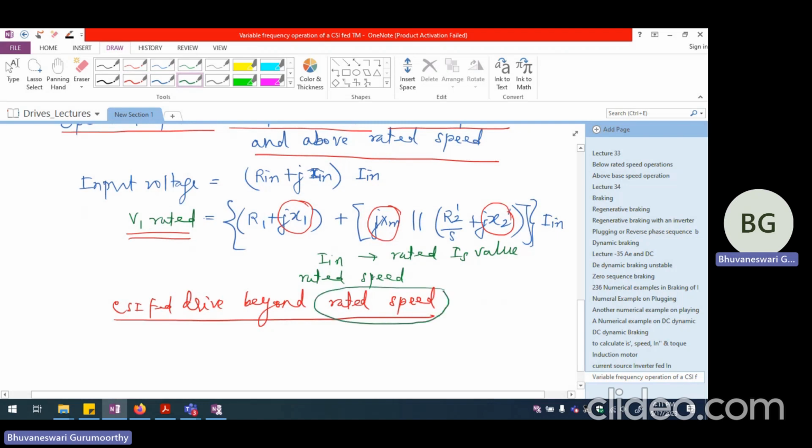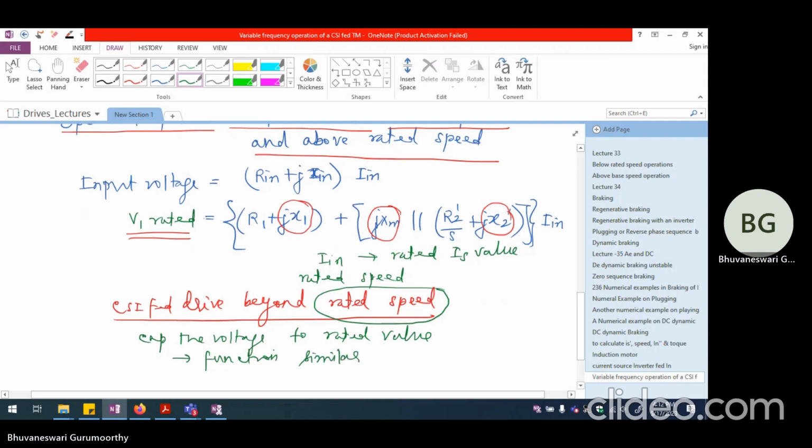If at all we want to operate it beyond rated speed, it should cap the voltage to rated value, and if it is capping the voltage to rated value, it is as good as a VSI fed drive. It will function similar to a VSI fed drive.